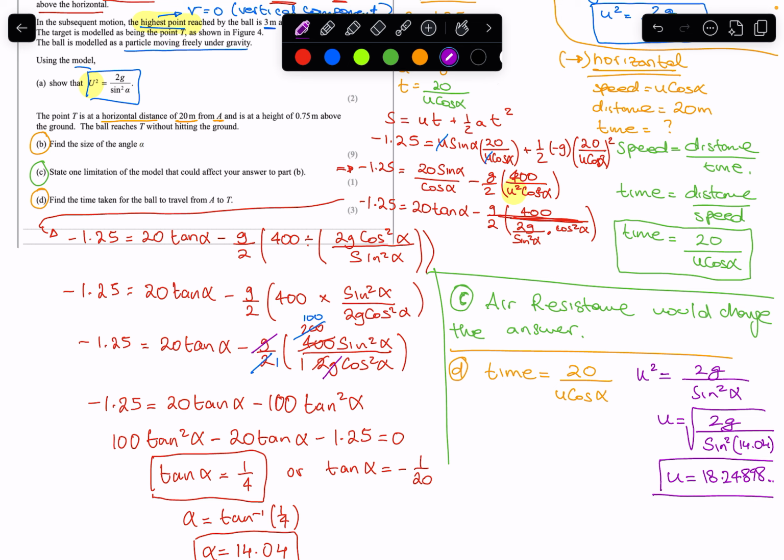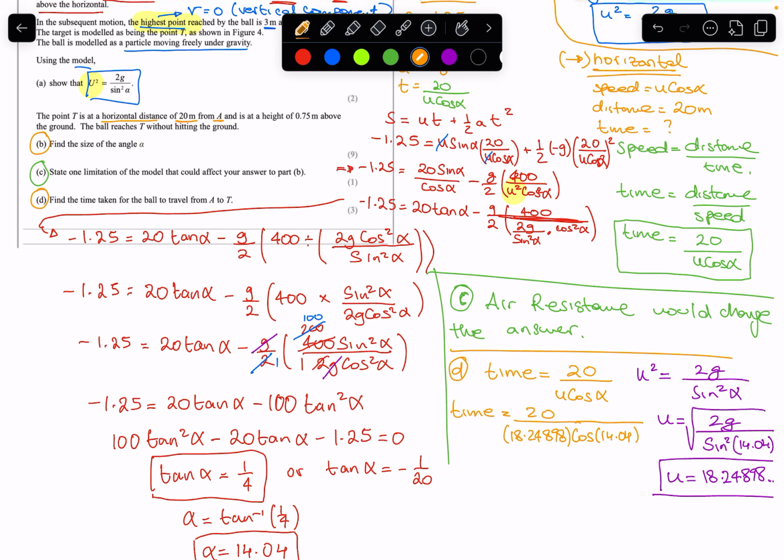Now I can take that value and put it into time. So my time is equivalent to 20 divided by my u, which is 18.24898, times my cos of 14.04.